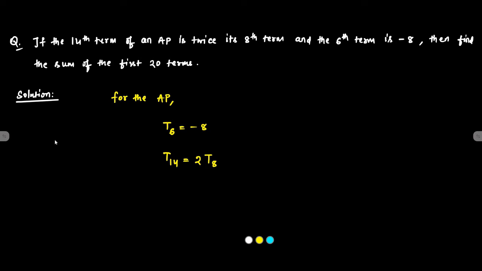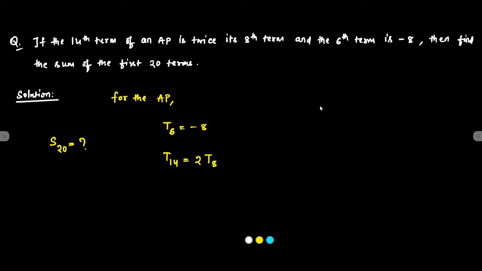So we have been asked to find the sum of the first 20 terms of the AP. Clearly nothing has been mentioned about the first term, the last term, common difference, nothing. So we have to find out these things.